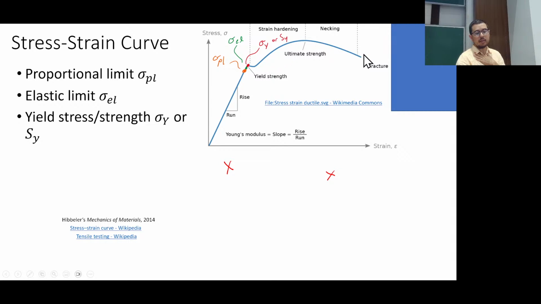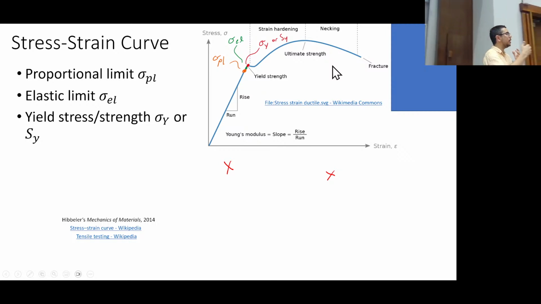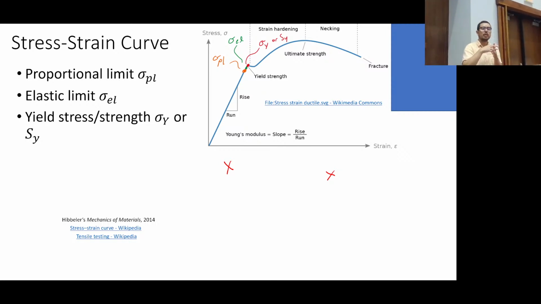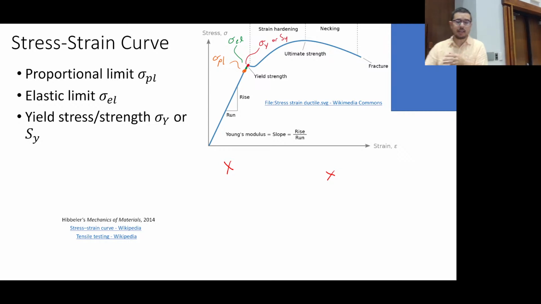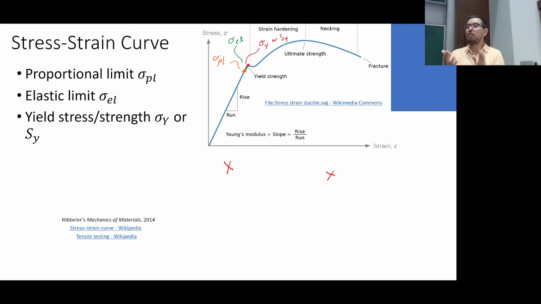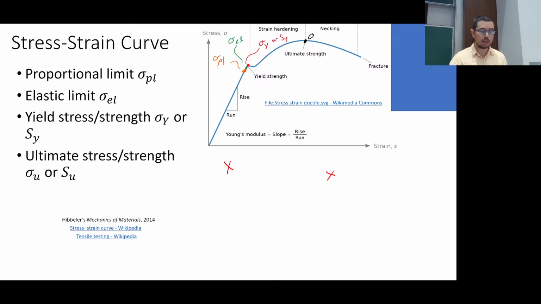But we need to understand that materials will go on for different amounts of strain in this plastic region, and once you go plastic, you're not going to return to where you were originally. We'll talk about that a little bit, but not now, because I have to explain a couple other things first.